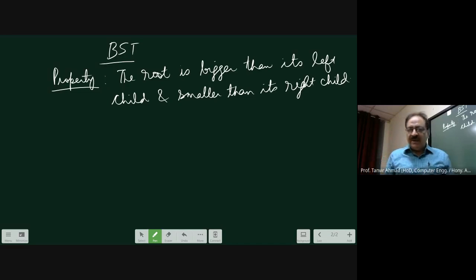So this is the property of a binary search tree. The root is always bigger than its left child and smaller than its right child, and this definition will hold recursively. Recursively means at all levels. This definition should hold at all levels.